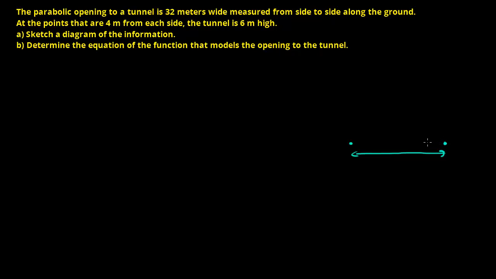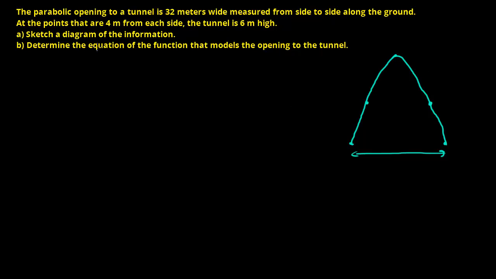So if we go 4 meters in, the tunnel is 6 meters high. So we have points here and here. So 4 meters in, we have a point that's 6 meters high. So presumably, since it's a parabola, it looks something like this. So we'll sketch this out. So we have this parabolic tunnel.